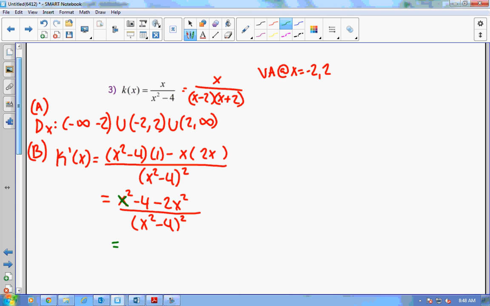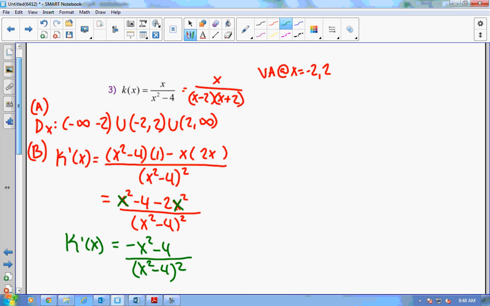I have like terms: 1x squared minus 2x squared would be negative 1x squared minus 4, over x squared minus 4 all squared. Now, if I pull out a negative sign, would I have something that could cancel? No. It'd make it a plus 4 if I pulled out a negative sign. So I can't cancel. So that's my derivative.